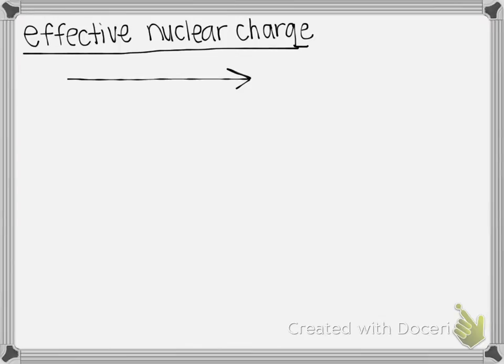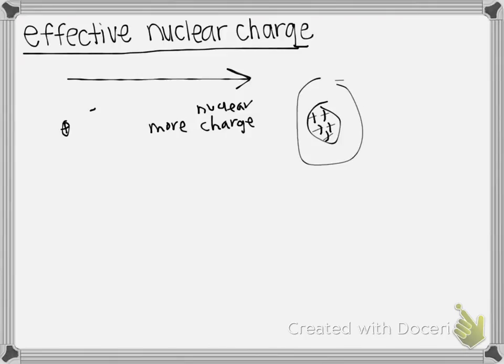So if you think of having one proton and one electron, you've got an attraction there, but as you move to the right, if you have, say, 5 protons and 5 electrons, you will have more nuclear charge. So as you move across a period, horizontally, you will have more nuclear charge.